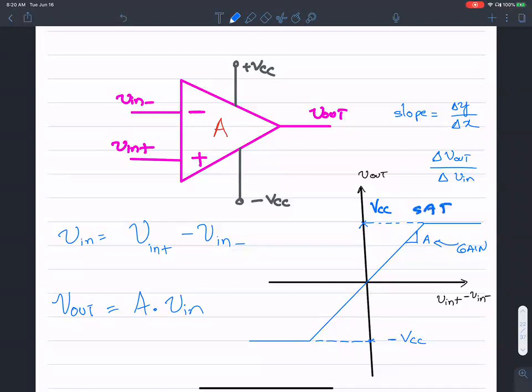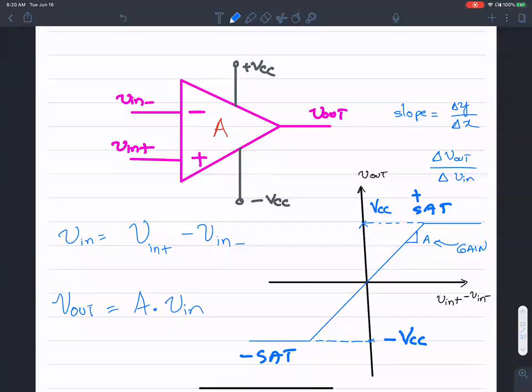Yes, that's positive saturation. So V out has a top end and a bottom end, and they're limited by the power supplies. The power supplies set the limits there.